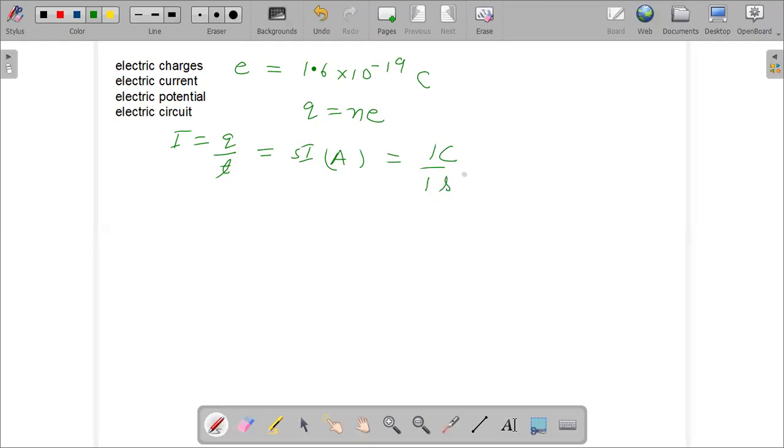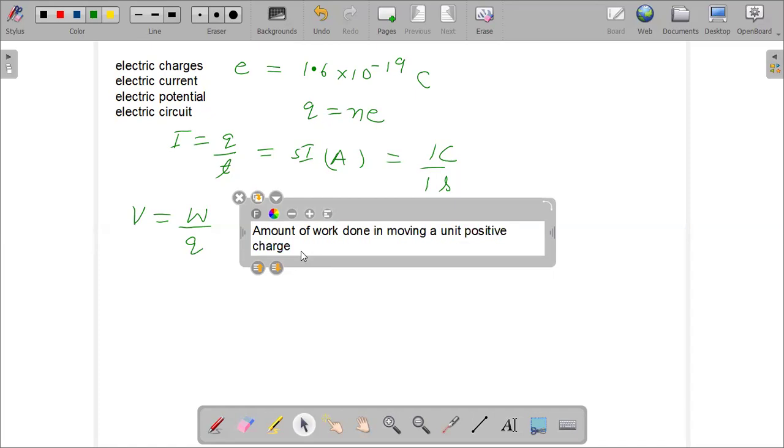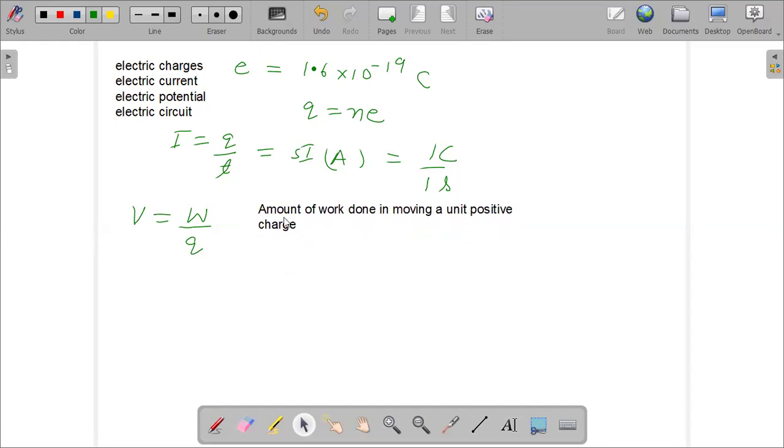Then we defined electric potential as V equals W over Q. Electric potential is defined as the amount of work done in moving a unit positive charge, and it is measured in volts. We also defined 1 volt as 1 joule per coulomb.